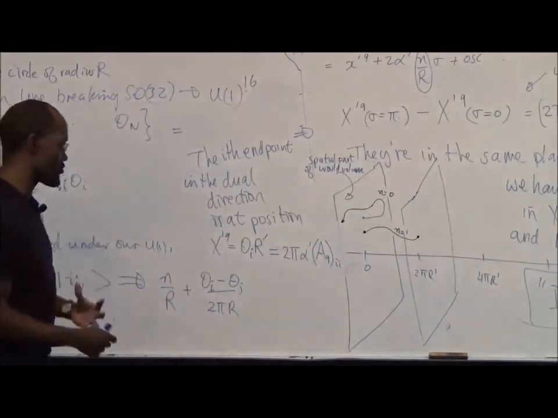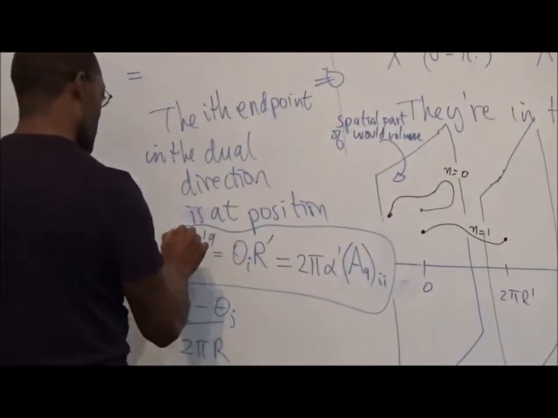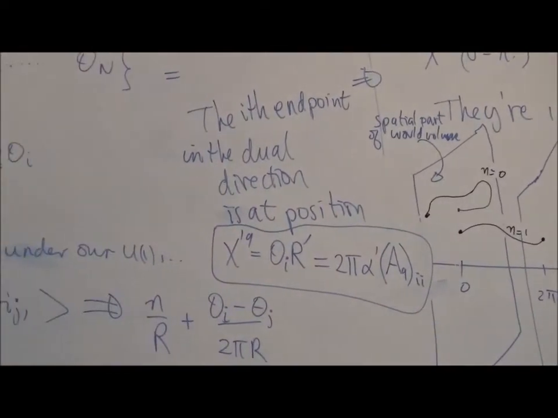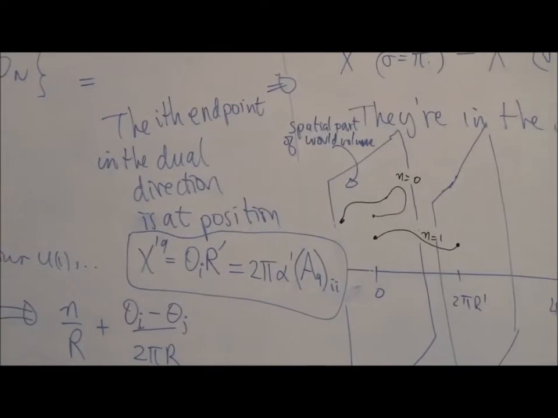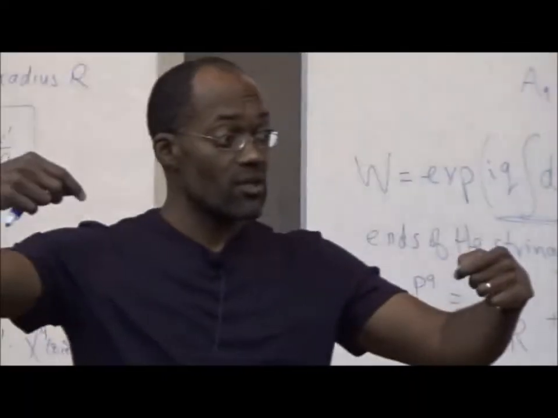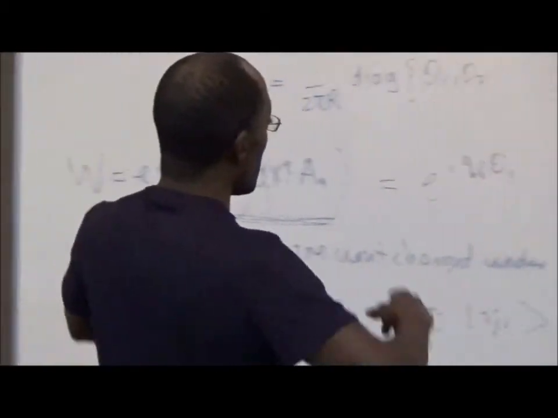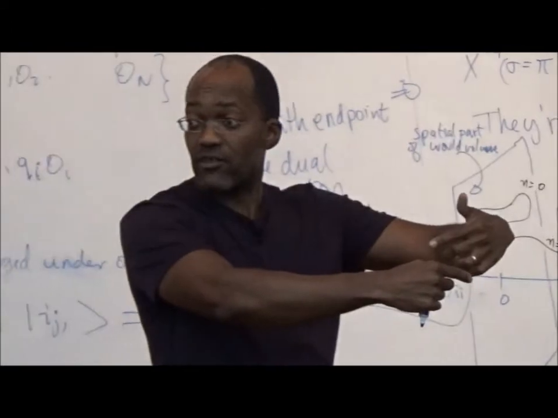The interior of the string, if you like, still knows about the 10-dimensional space-time, so it remembers some of that picture. But we have a new piece of language in our dictionary that says the positions of the ends of the string now are dual to information about the gauge field configuration.